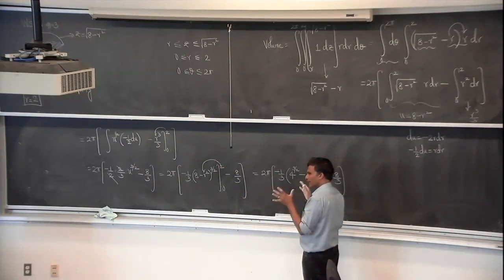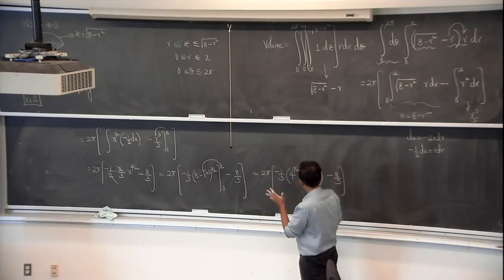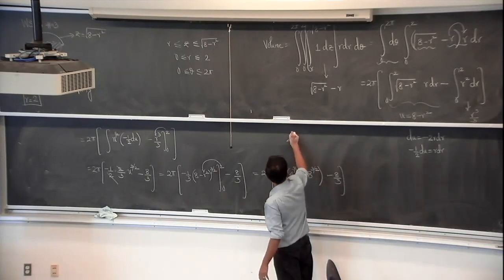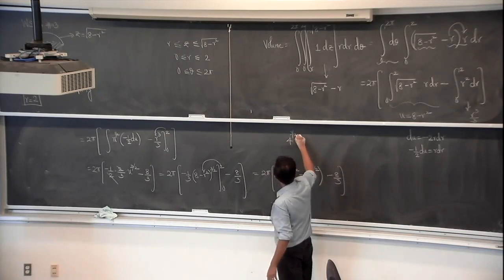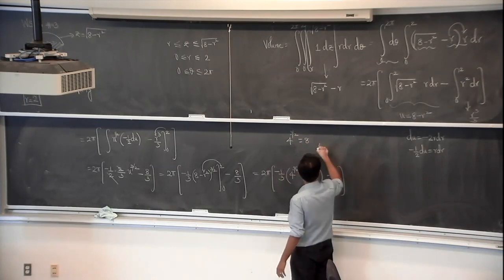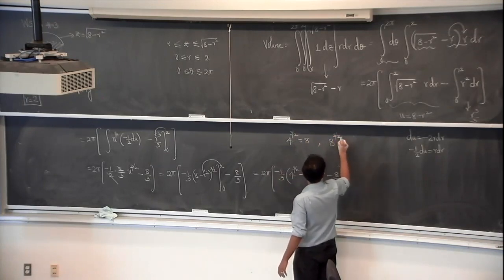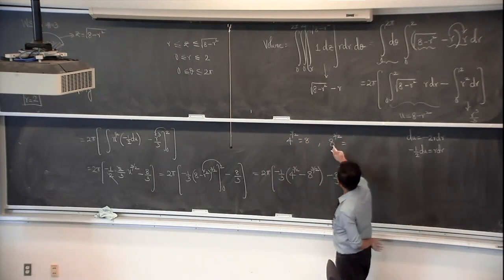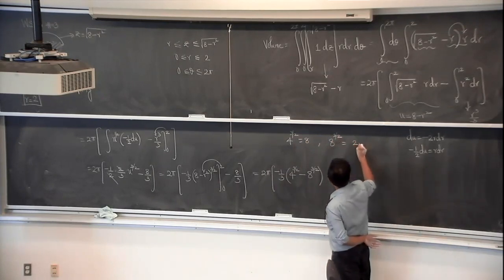Not going to get a very clean looking answer, but at least we could convince ourselves that this is a positive number. 4 to the 3/2 is 4 to the 1/2 is 2, 2 to the power of 3 is 8, and 8 to the power of 3/2. Well, 8 to the power of 1/2 is 2 root 2 to the power of 3.